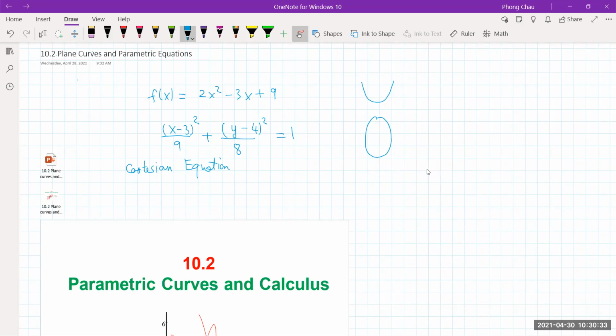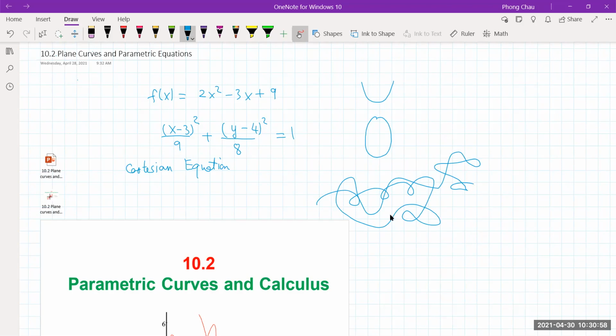Now, when we have a graph that is a bit complicated, and I can make it as complicated as I want, when we try to use x and y in an equation to describe it, it's really difficult.